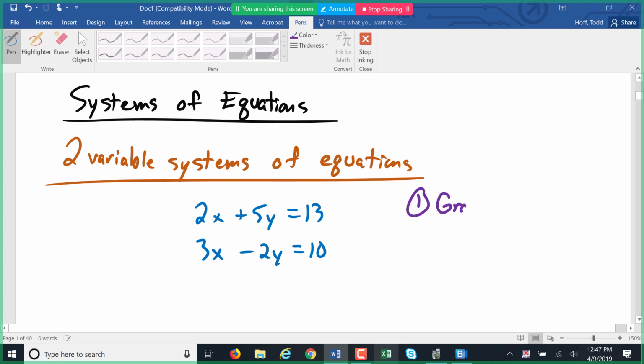One was graphing. The second was substitution. And the third was that addition or elimination method.